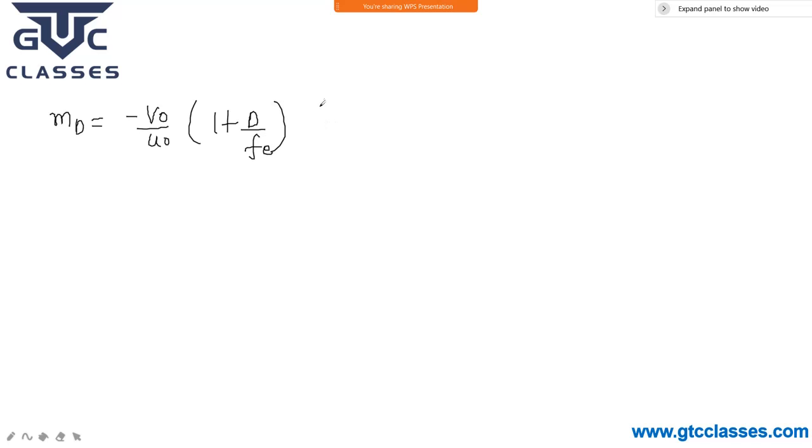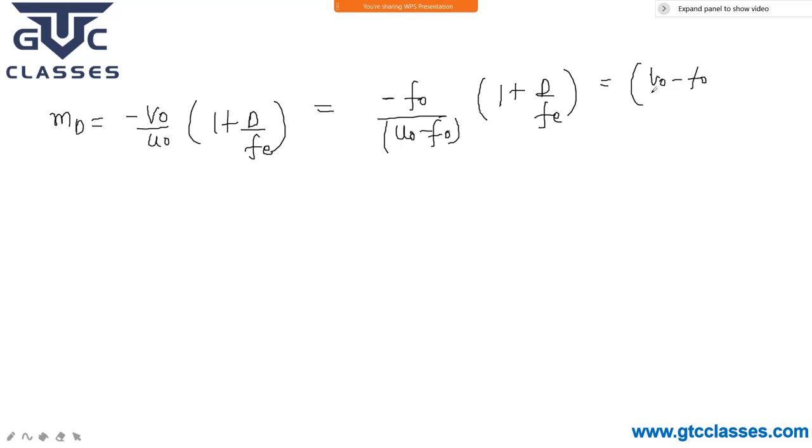We can also convert this into focal length, so we can write minus FO upon UO minus FO, all are objective, into 1 plus D upon FE, no change. We can also write in terms of V and F: V0 minus F0 divided by F0, and this will be minus, then bracket 1 plus D upon F. So this is for the stressed eye that we have done.